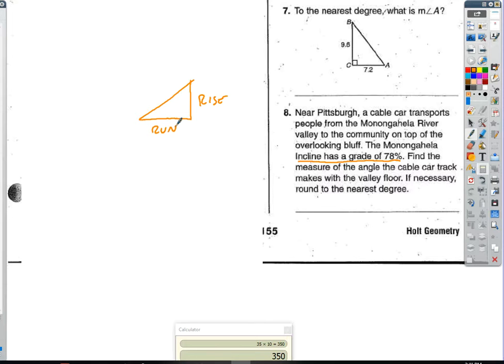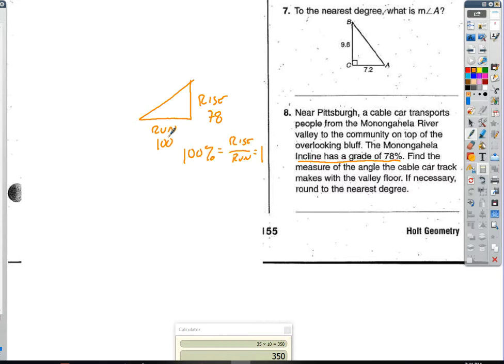That means that with a 100% grade, the rise over the run is equal to 1. In other words, the rise and the run are the same thing. That would be a 45-degree angle. Here, we have a rise of 78 over a run of 100, because that is 78%.